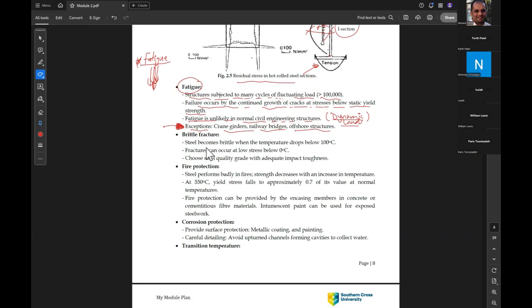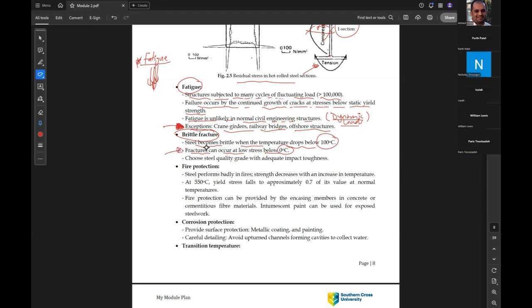Also, we have brittle fracture. Steel becomes brittle when the temperature drops below 100 Celsius. Fractures can occur at low stress.